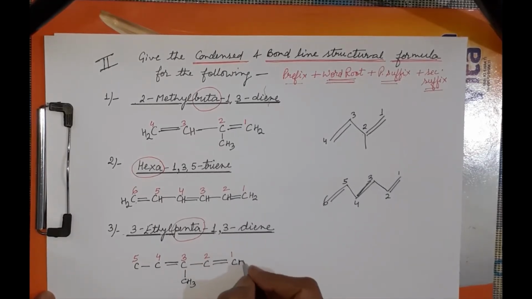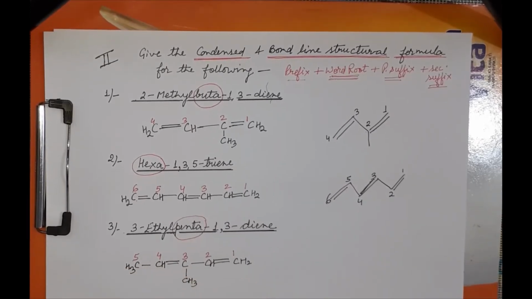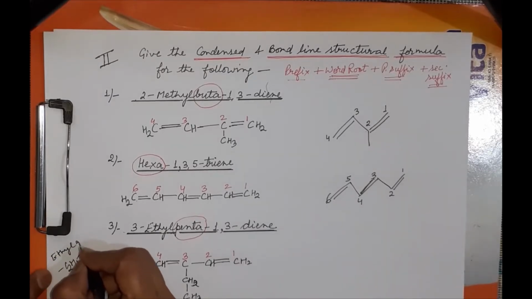So now we can complete it. CH2, this will be CH. All the 4 valencies are satisfied. Here CH and this will be CH3. This is 3-ethyl. 3-ethyl means CH2, CH3. Ethyl, we know ethyl group is C2H5. This is the ethyl group.